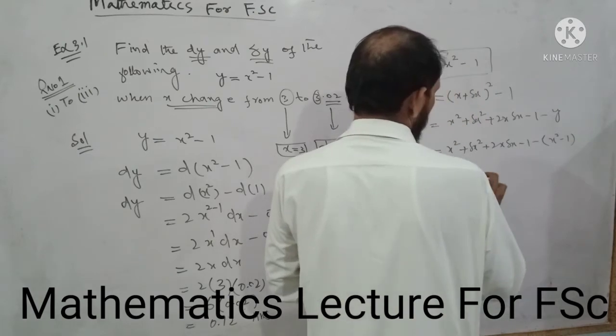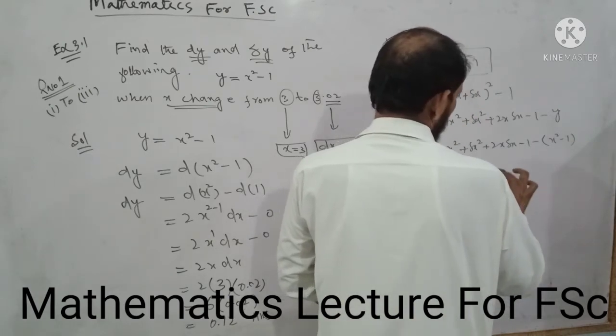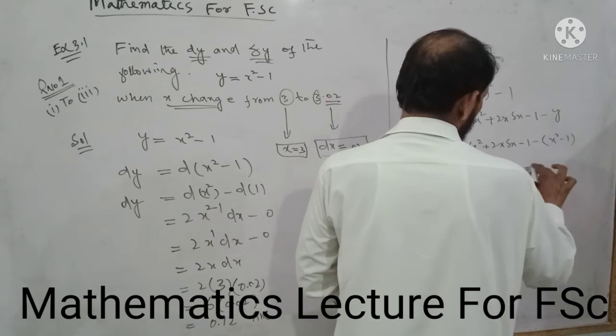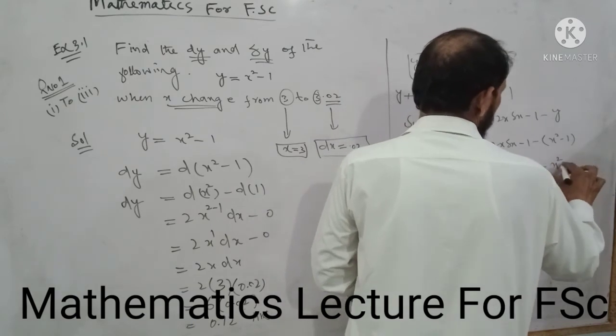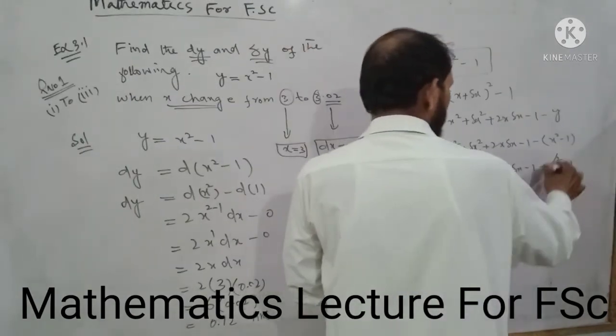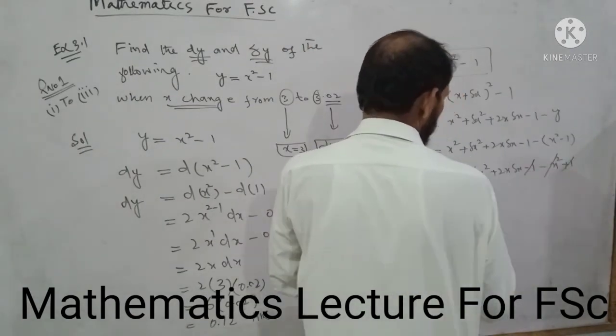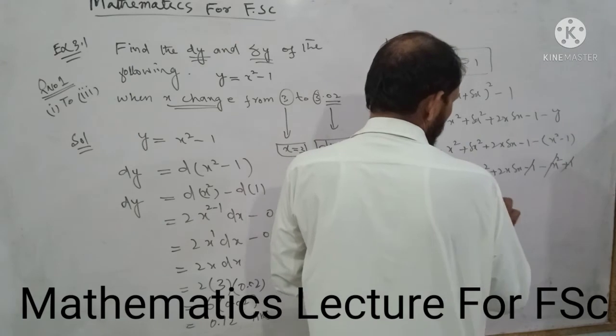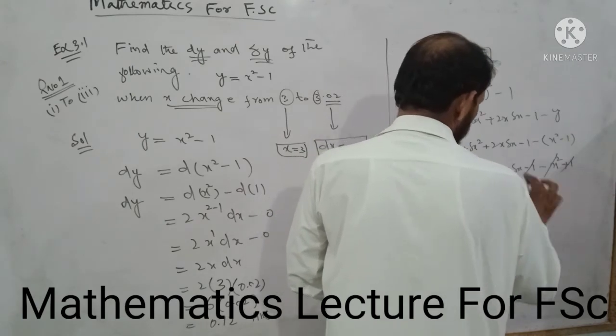The negative sign will multiply both the values, so the sign will be changed. The x square cancels, and the minus 1 cancels, leaving 2x del x plus del x square.